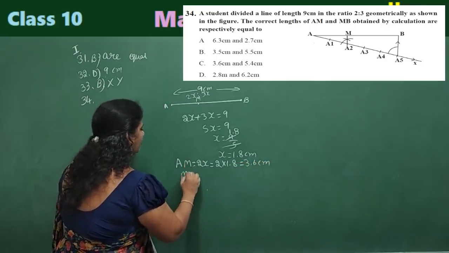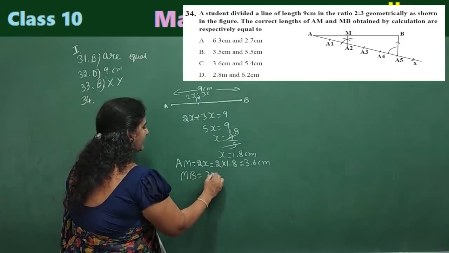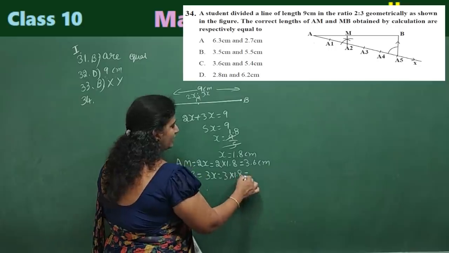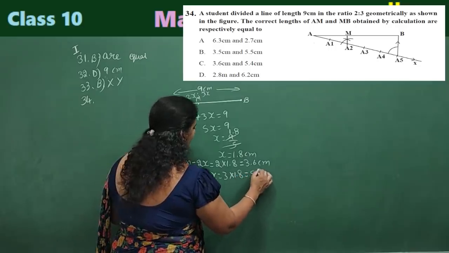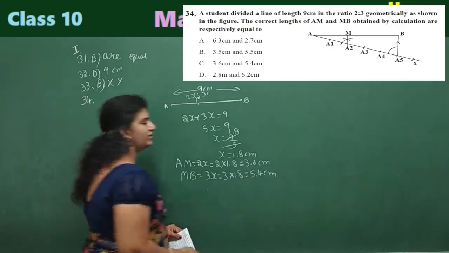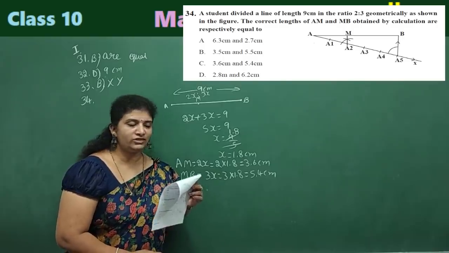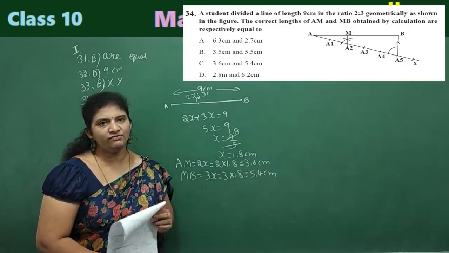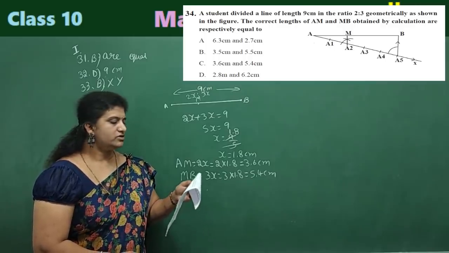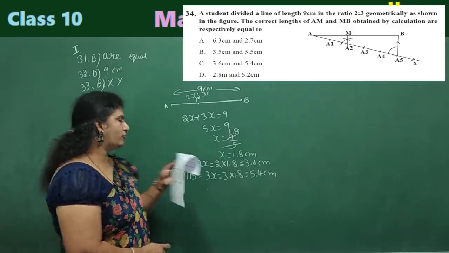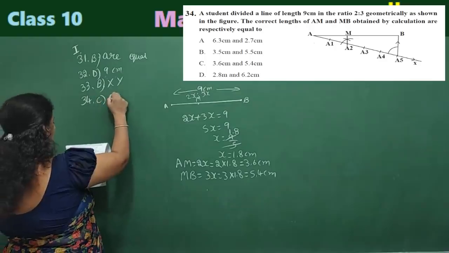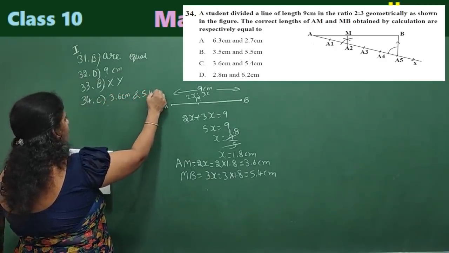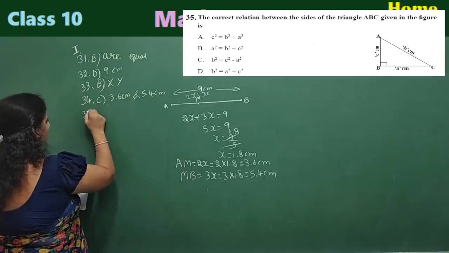And coming to MB, it is 3x. 3 into 1.8, that will be 5.4 centimeters. Therefore, the length of AM and MB are 3.6 and 5.4 centimeters. So, which option is correct here? Option C, 3.6 centimeters and 5.4 centimeters.